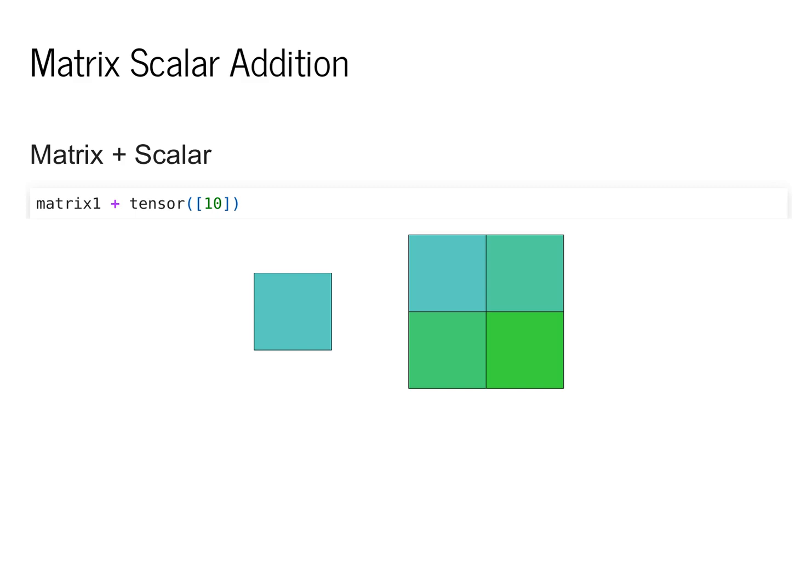That means we can interpret the scalar as being shape 1 by 1. Rule 1 tells us that dimensions of shape 1 broadcast with anything. So that tells us that it's okay, something of shape 1 by 1 broadcasts fine with something of shape 2 by 2. That allows us to add these 2 tensors together.